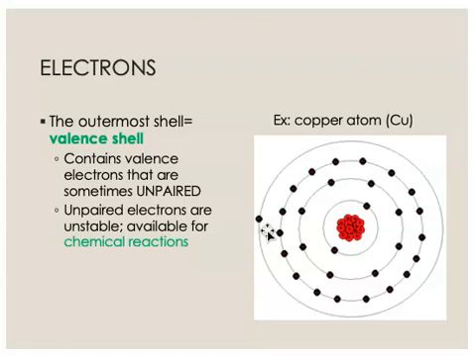Unpaired electrons are unstable. In other words, any atom that has an unpaired electron in its valence shell is chemically unstable. And what we mean by that is that it is available to participate in a chemical reaction.